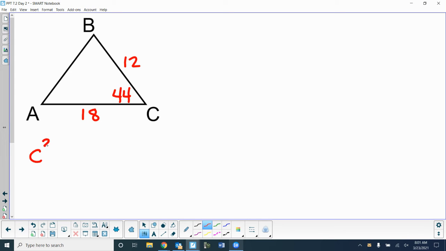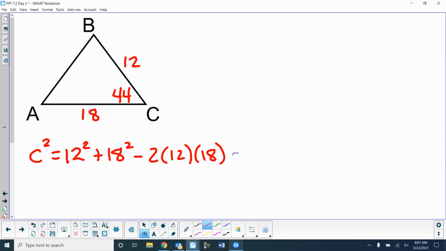So C squared equals A squared plus B squared minus 2 times A times B times the cosine of 44 degrees, right? So that's the one we can put all that in our calculator and then take the square root, remember? And what does it come out to, 12.5 to the nearest tenth? Yeah.